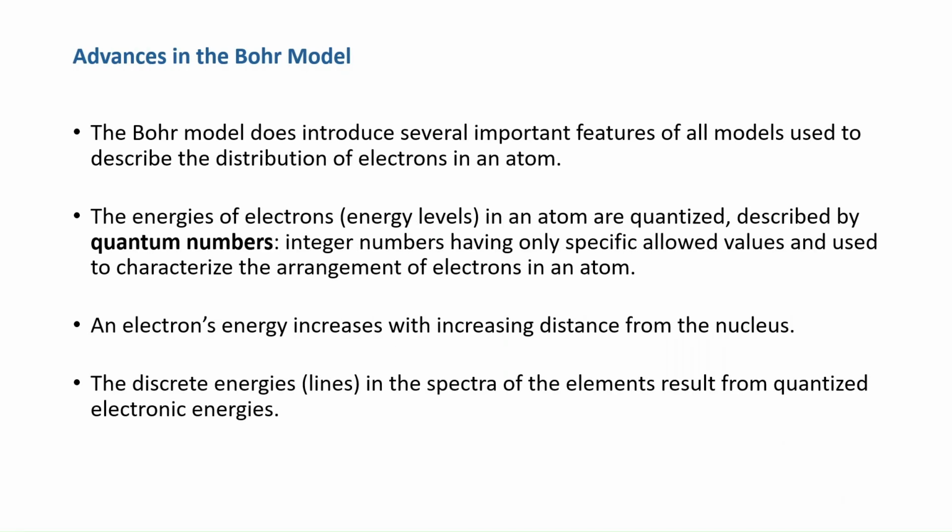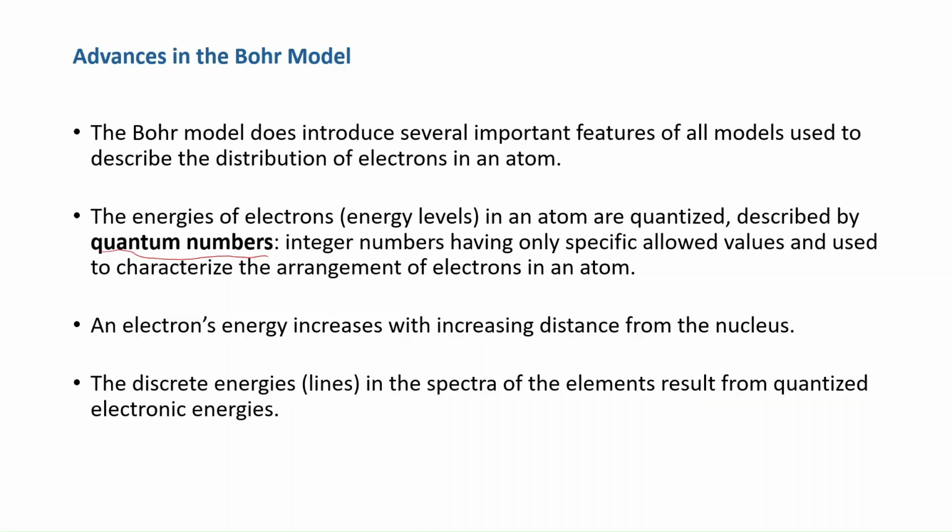Actually, it was very good, because for the first time we talk about the energies of electrons being quantized. So we are going to describe the electrons by what we call quantum numbers. The quantum numbers are integers that describe the arrangement of electrons in an atom. And they're very specific numbers.